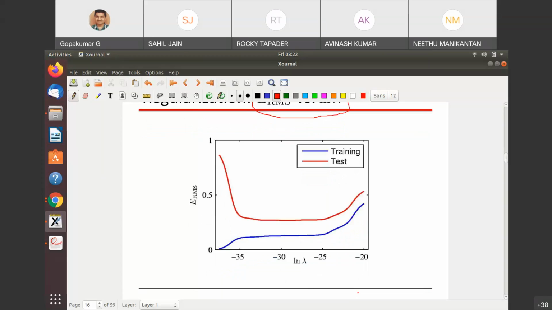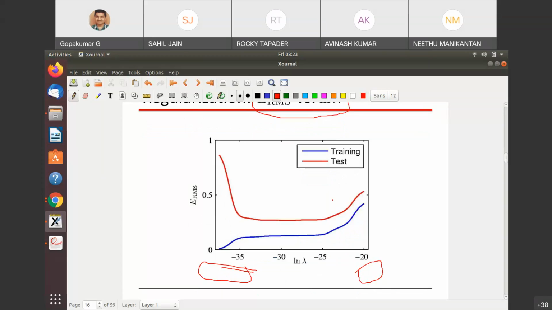Okay, so you can see that for very small values of lambda, ln of lambda, and as it increases, how the training error and test error change.